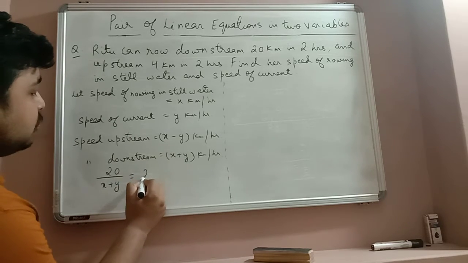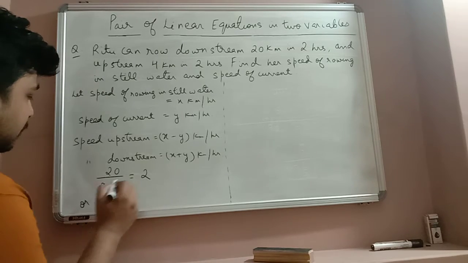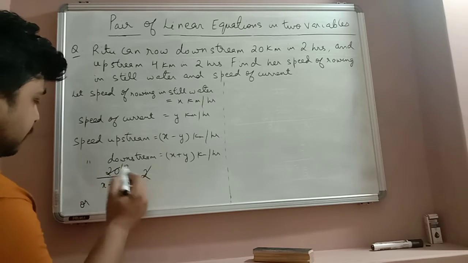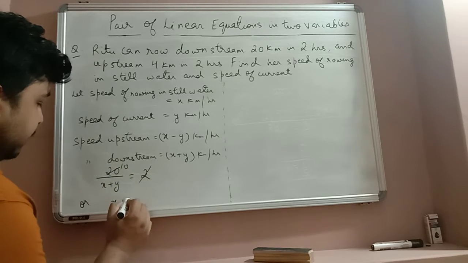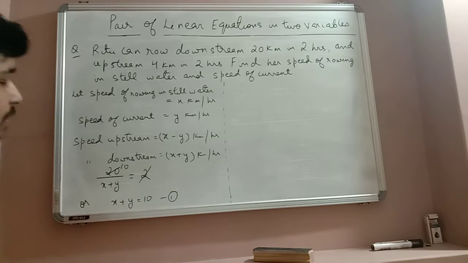This happens in 2 hours. We can cancel out here. 2 ones are 2, 2 tens are 20. So x plus y becomes equal to 10. This becomes our equation number 1.